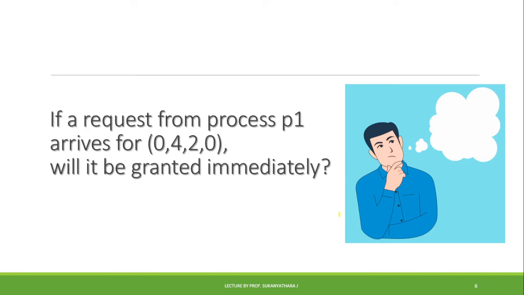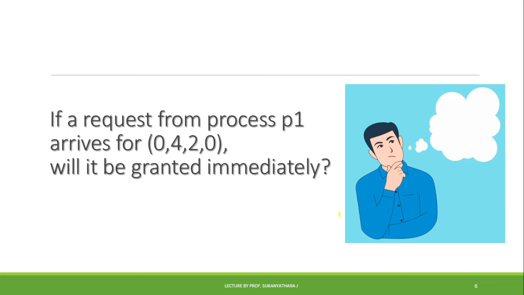Okay, I got a new state, a new need matrix, a new allocation matrix, and a new available vector. Using these values, it will again run the safety algorithm and check whether that resultant state is safe. If the resultant state is also safe, the operating system will actually grant the request immediately. Otherwise, it will tell the process P1 to wait.